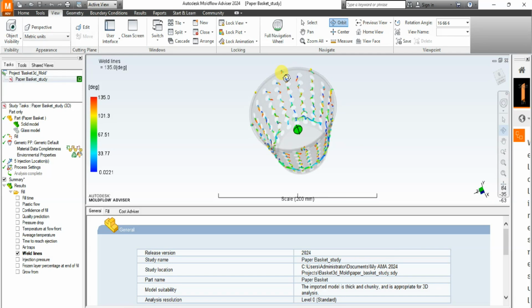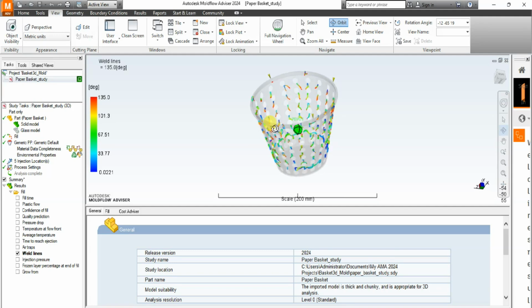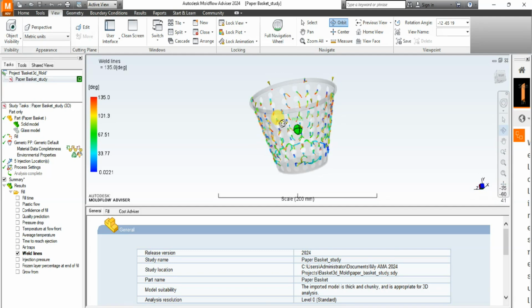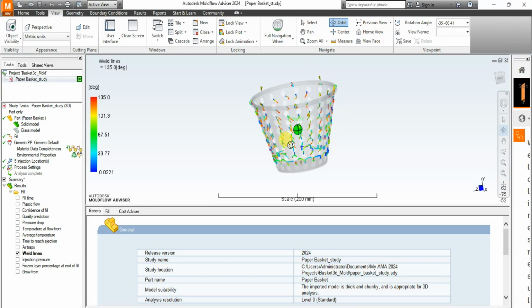Now, in order to improve the quality of weld lines, you can increase the melt temperature, the injection speed, or the packing pressure. Those are ways in which to improve weld lines. This will enable the flow fronts to weld to each other more effectively.